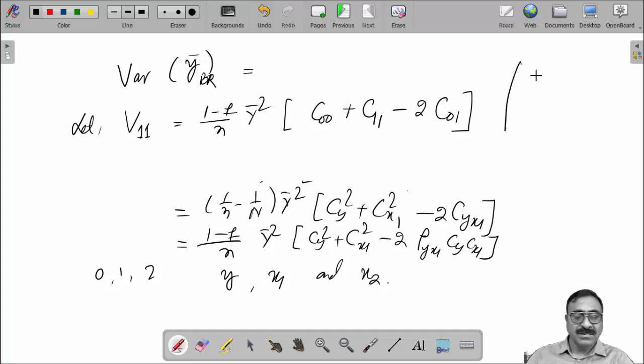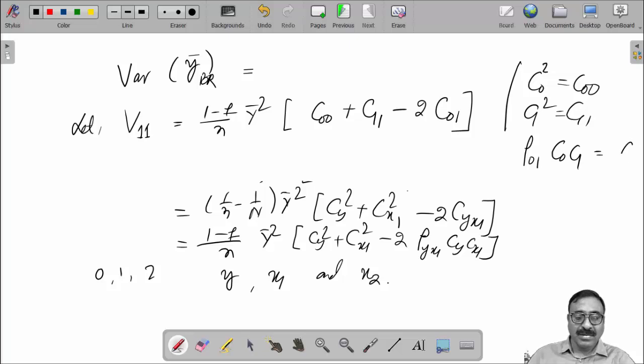So here C0 square equal to C00, C1 square equal to C11 and rho 01 C0 C1 equal to C01. This is also equal to C10. So now this is the value of V11.